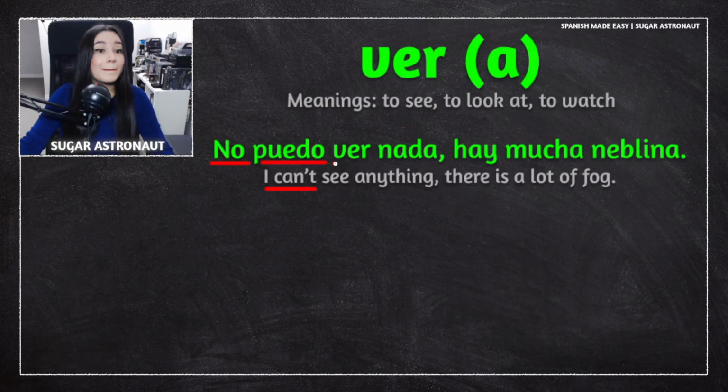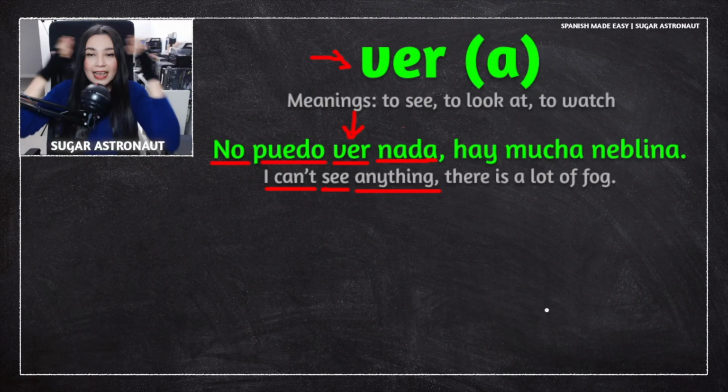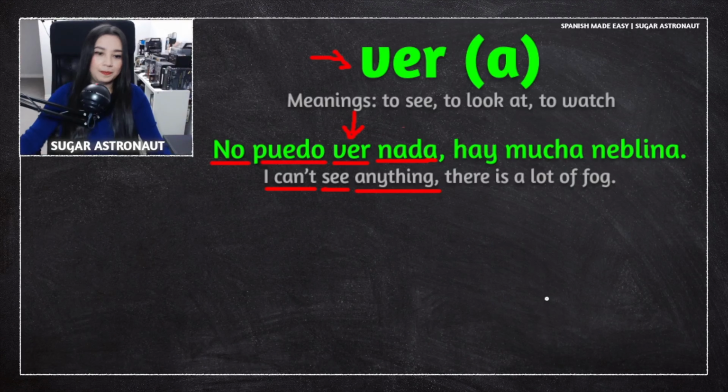No puedo ver. So we have the verb ver in the sentence right here. No puedo ver. I can't see. Nada means nothing, but also it means anything. Okay? No puedo ver nada. I can't see anything.